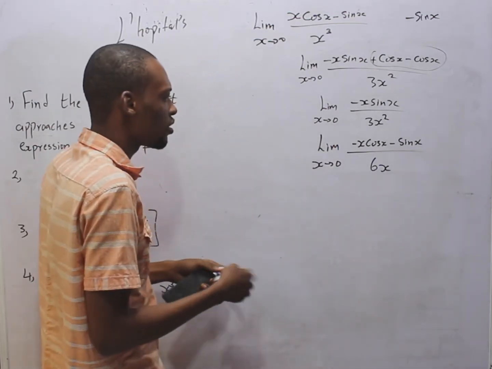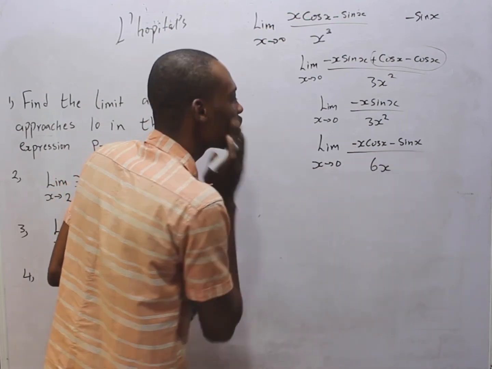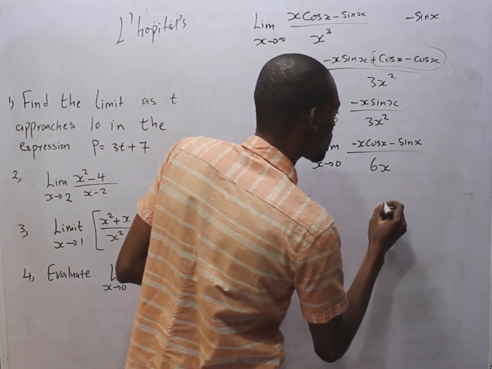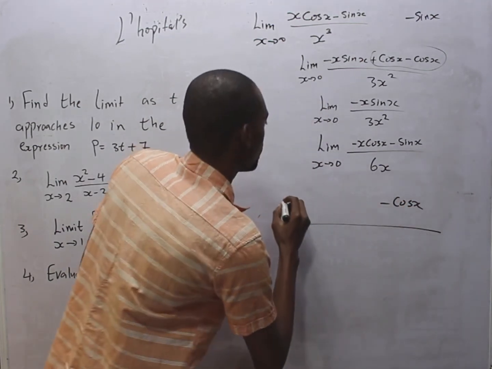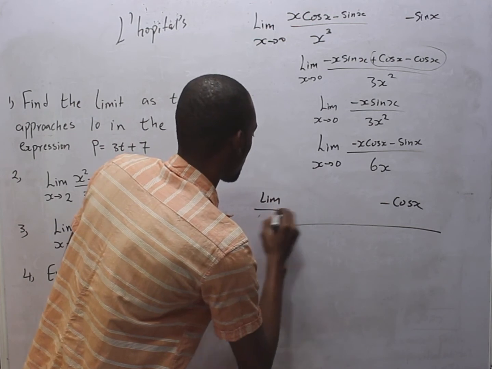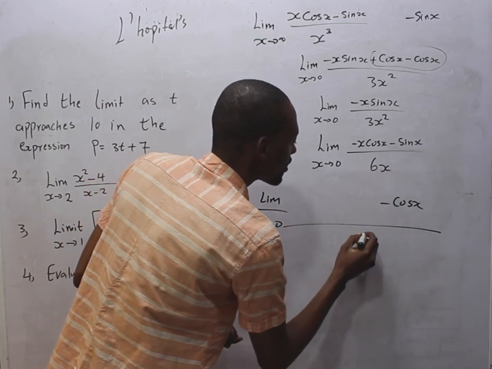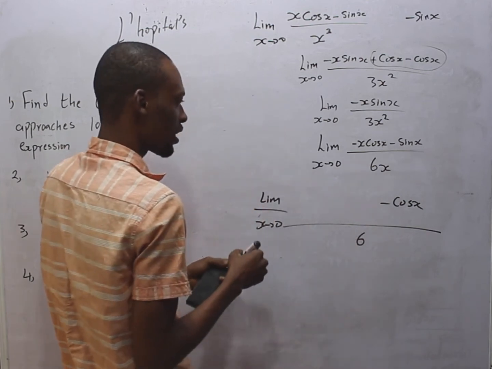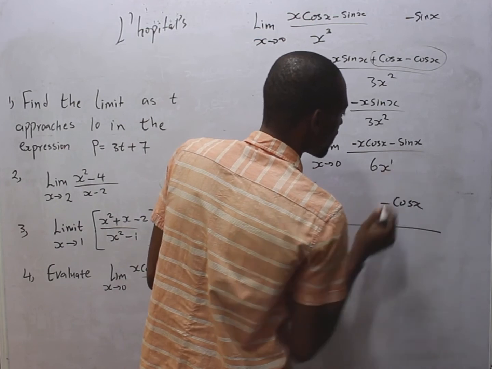So, L'Hopital's rule, we have this long one. Differentiating sine s, we obviously get cos s. So this will give you cos s. Then, limit as s tends to 0. When you differentiate 6s, you get 6. This is the same thing as s raised to the power of 1.